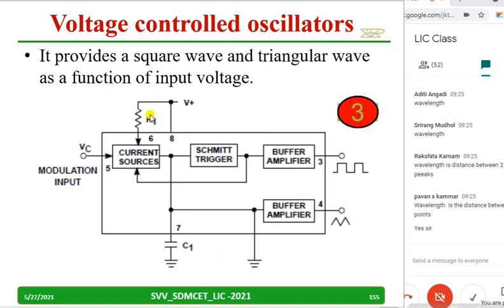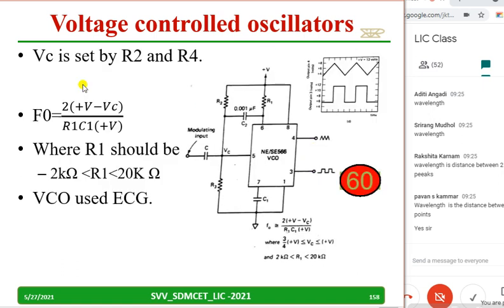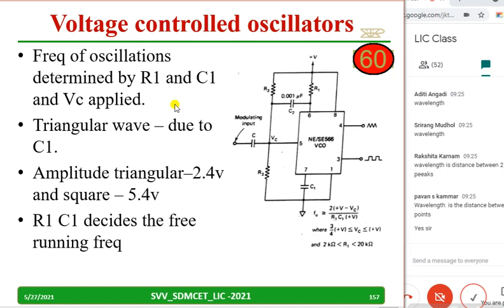We have an external R1, we have a C1. This is the modulating input, the voltage you are giving, and based on that you are going to get the frequency from this particular IC. Frequency of oscillation is determined by the external R1 and C1, and based on the input voltage you are applying, you will get the frequencies here.